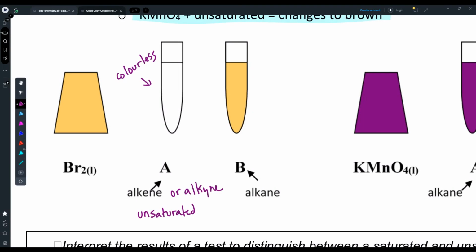But if you mix bromine with a saturated compound, so an alkane, it's going to stay brown or orange, however you want to call it.